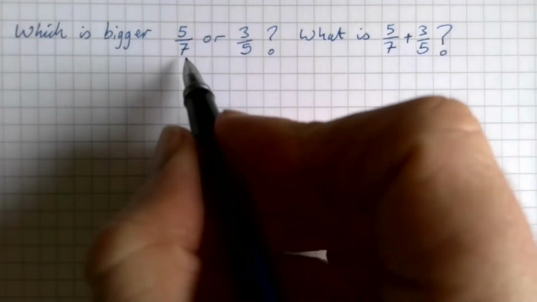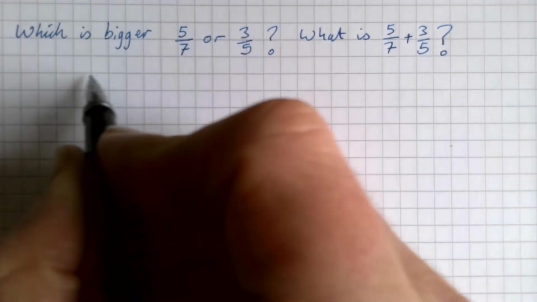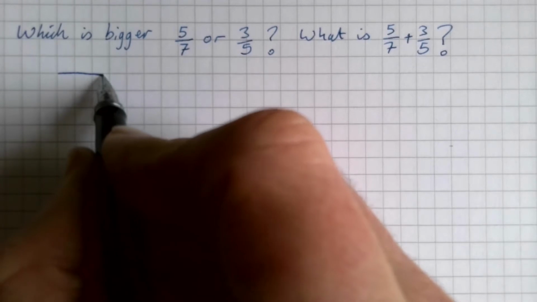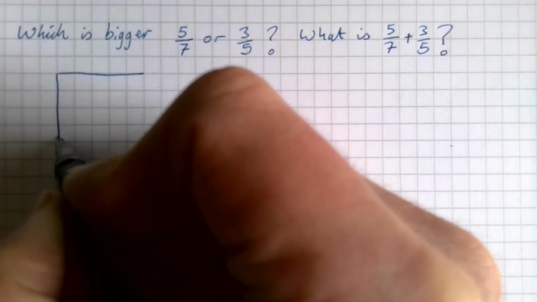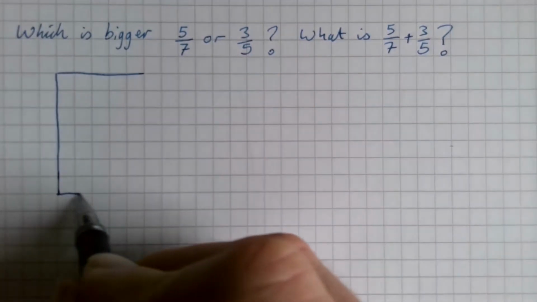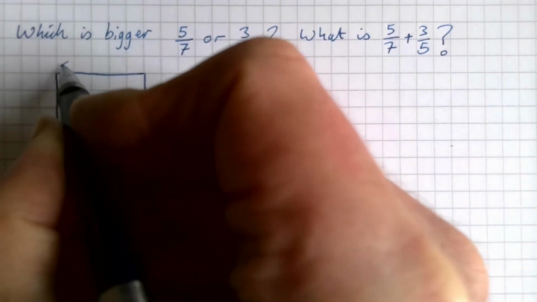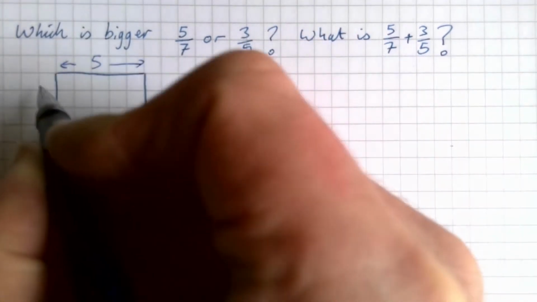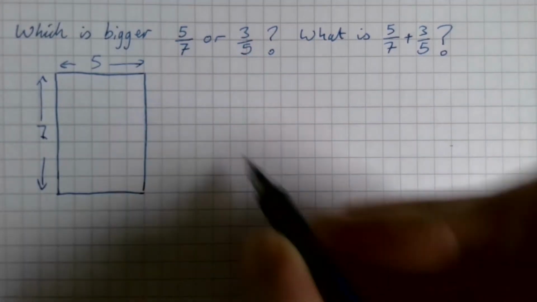Right, so hopefully we've got the fact that we've got 7 and 5. So that it fits in easier, I'm going to do my 5 across and 7 down. The two denominators are giving me the dimensions, 5 across there and 7 down there of my rectangles.